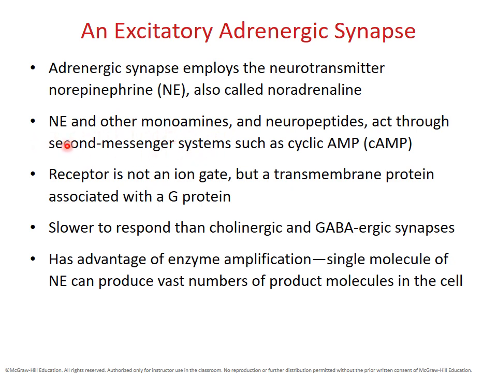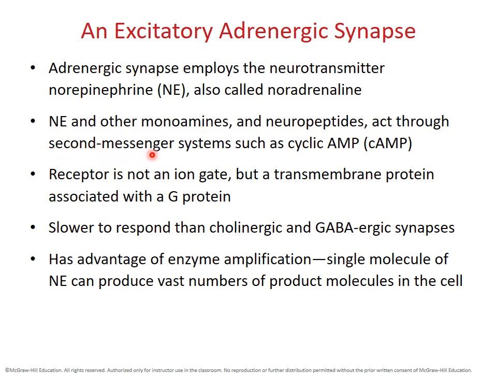Now, I don't know that you've been exposed to the concept of a second messenger system yet, so let me just very briefly talk about that, just to give you a preview of what we're going to talk about. Up until now, we've seen that the neurotransmitter binds directly to a receptor, and the action of that receptor molecule, such as opening to allow ions to flow, causes the response in the postsynaptic cell.